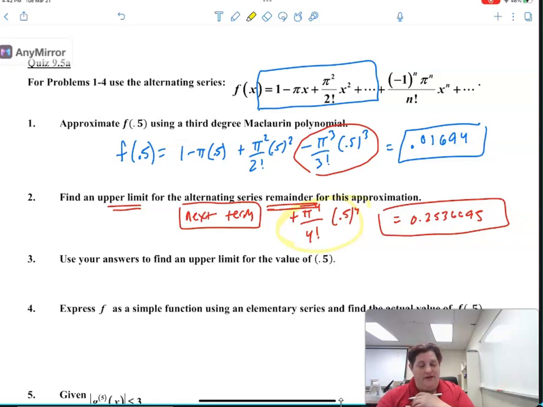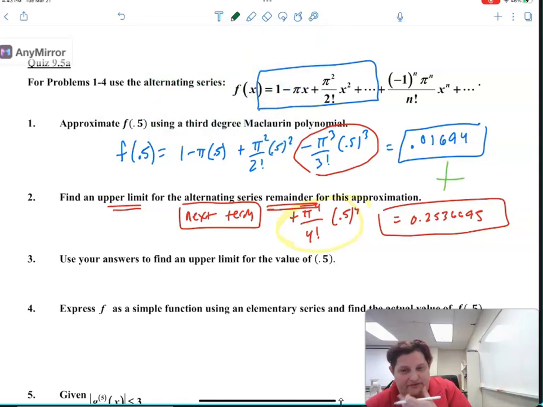Okay, use your answer to find an upper limit for the value of f of 0.5. Well, that's the upper limit of the remainder. The upper limit of the value, you guys, is just adding these together, right?